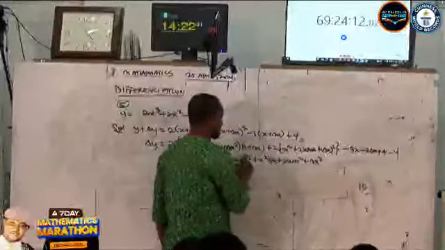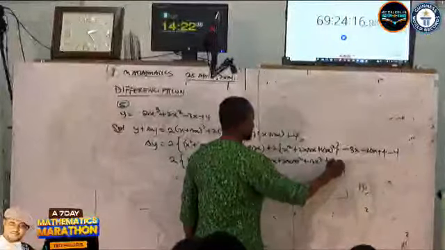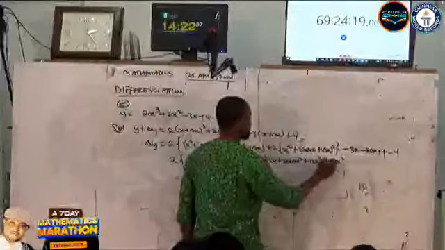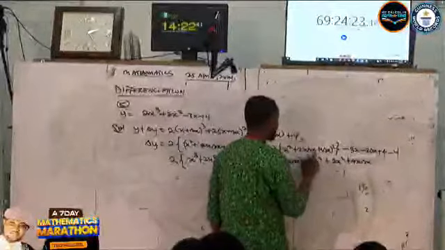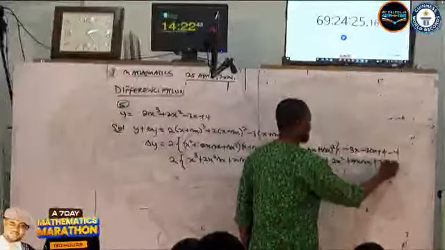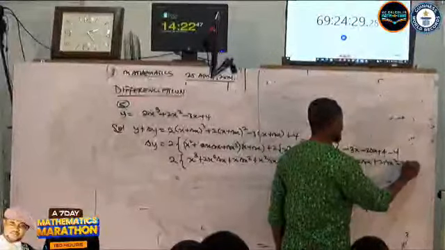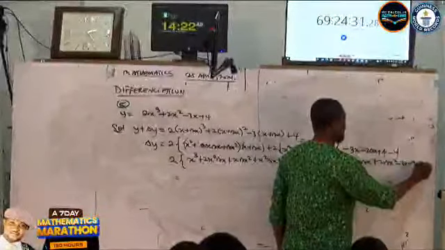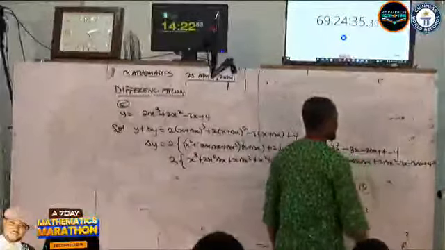You have finished that expansion. Expand this 2. What do you have? 2x squared plus 4x change in x plus 2 change in x squared, minus 3x minus 3 change in x plus 4, minus y.